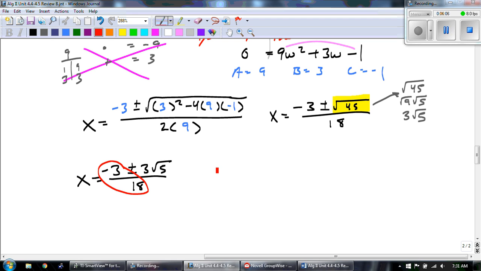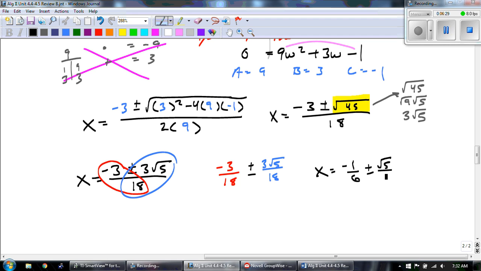Okay? So we have negative 3 over 18 plus or minus 3 square root 5 over 18. And when you reduce both of those, it's going to be 1. So we're going to get x equals negative 1 over 6 plus or minus square root 5 over 6.